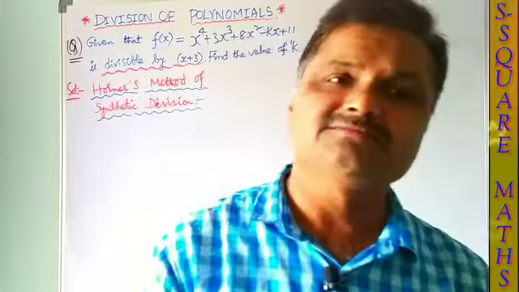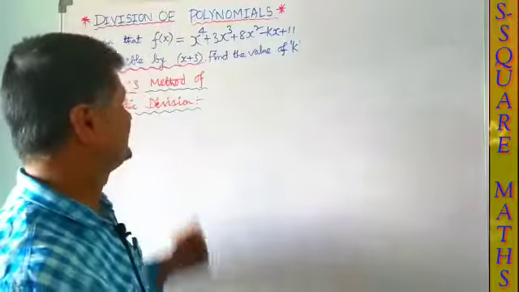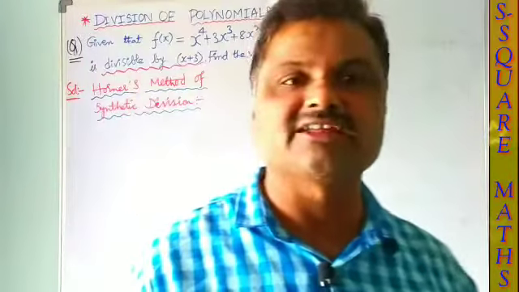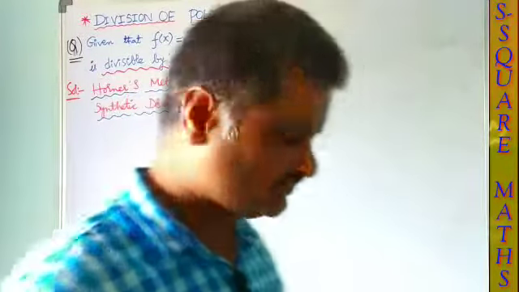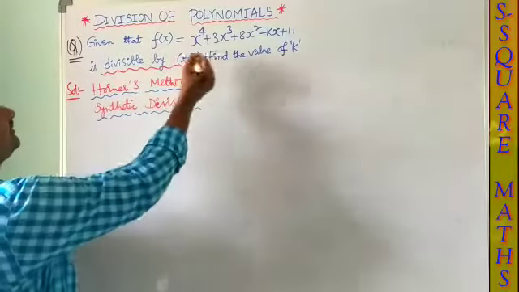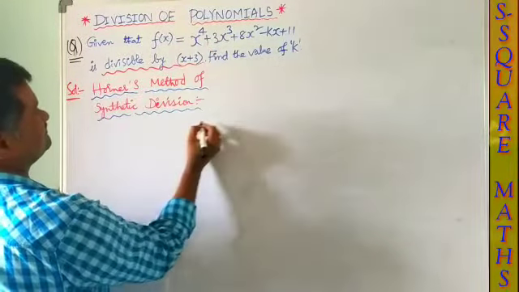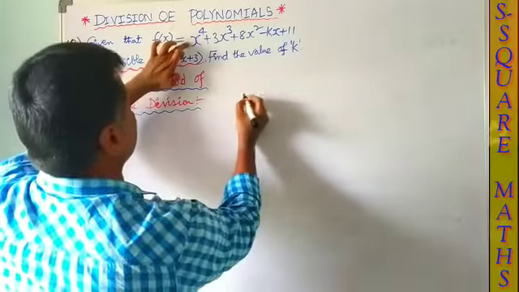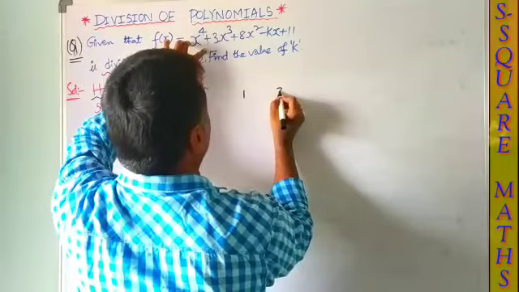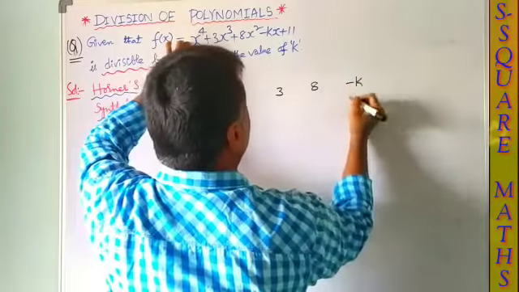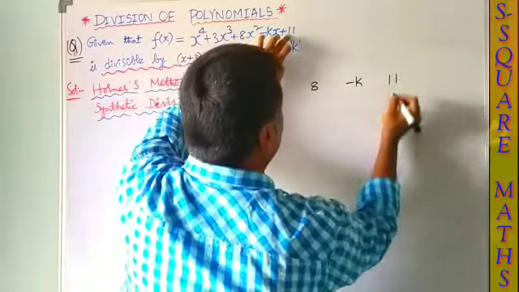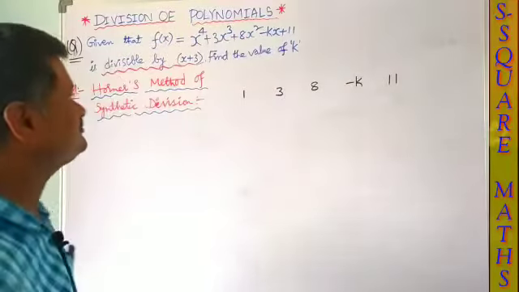So let us see Horner's method of synthetic division. If f of x is divisible by x plus 3, then we have to determine the value of k. So write down the coefficients here: 1, 3, 8, minus k, and 11.